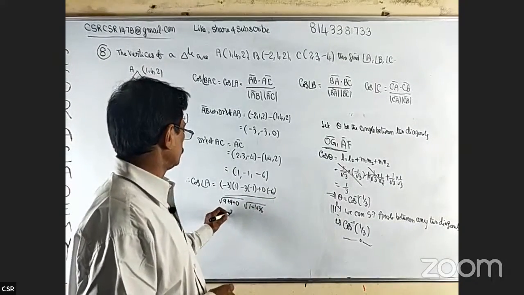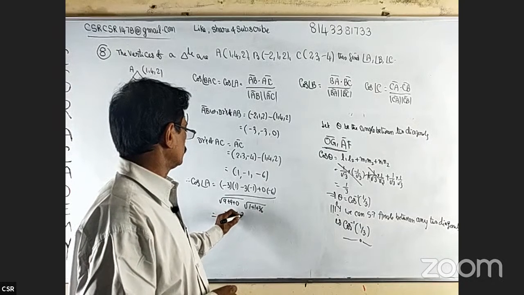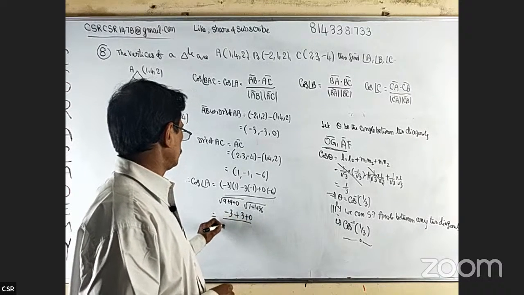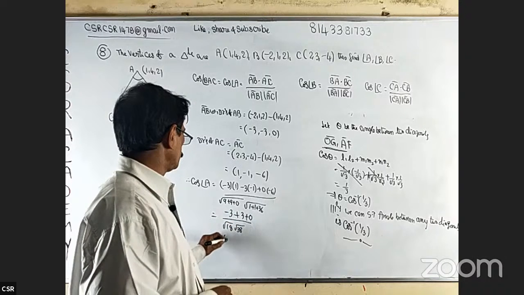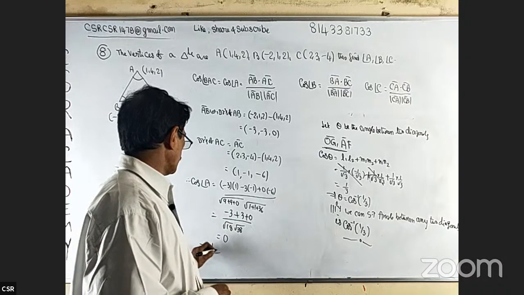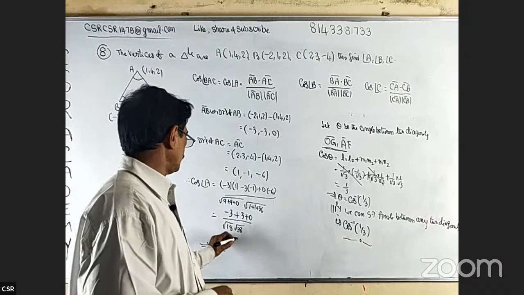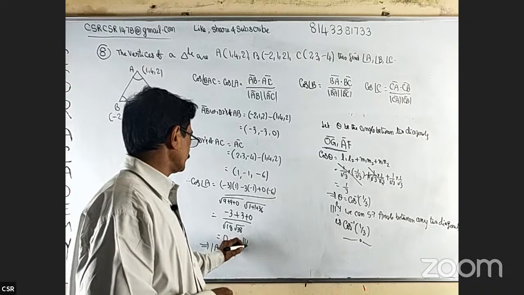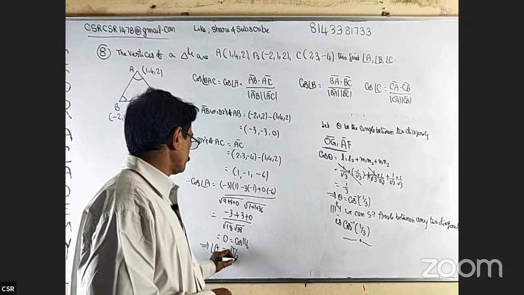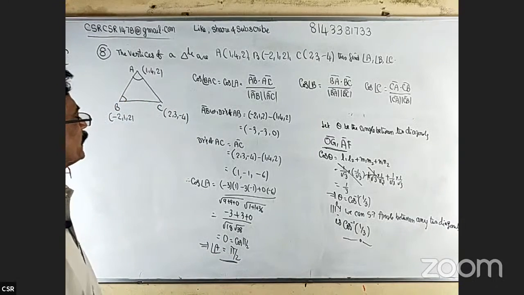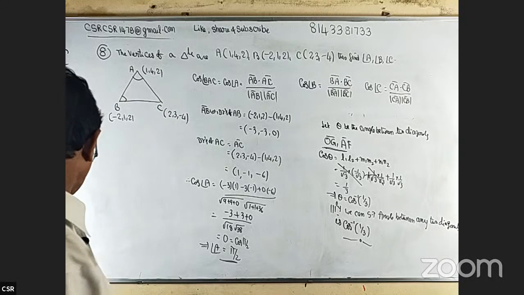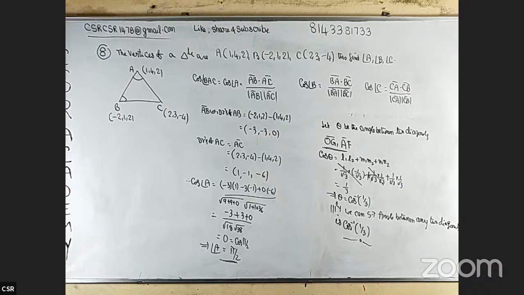Minus 3 plus 3, that is 0, by root 18, root 38, which is 0. This implies angle A is cos inverse of 0, that is 90 degrees, pi by 2. The sum of the three angles is 180 degrees. Here one angle is pi by 2, angle A is pi by 2.